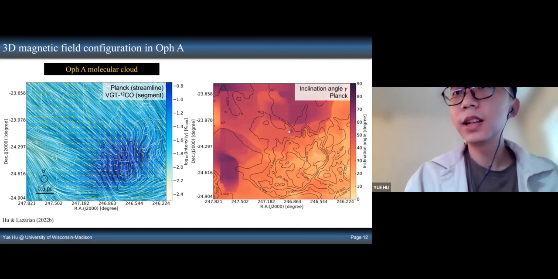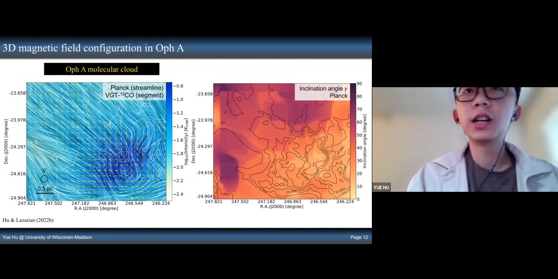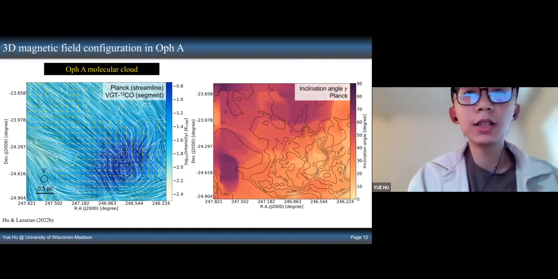Using our new method, we can also get the distribution of the inclination angle. Combining the inclination angle and the plane-of-sky magnetic field, we can recover a three-dimensional view of the magnetic field in Ophiuchus.